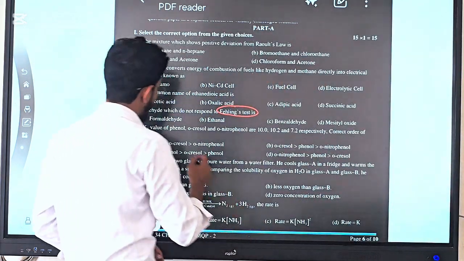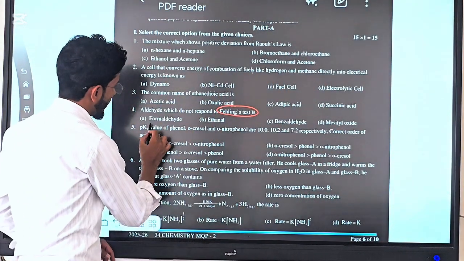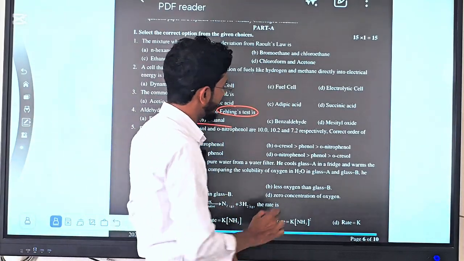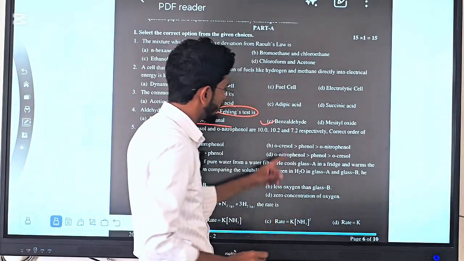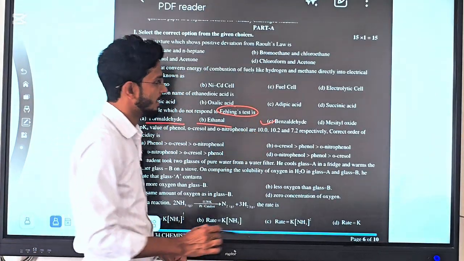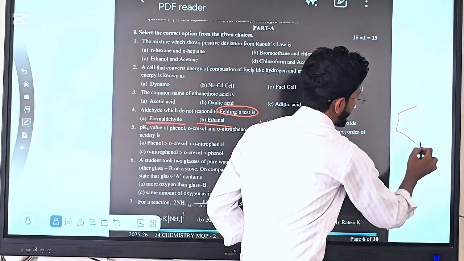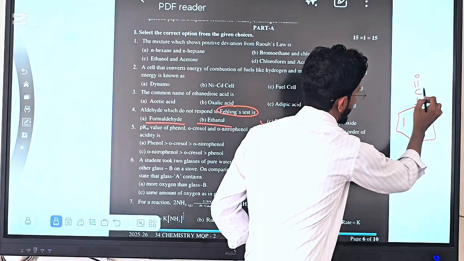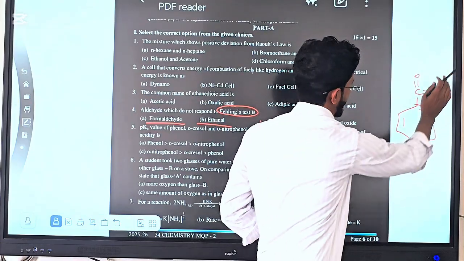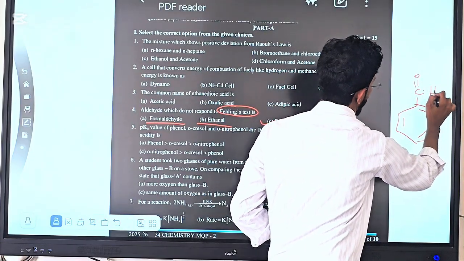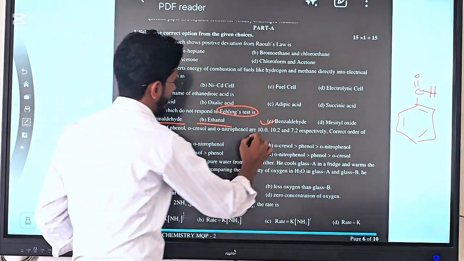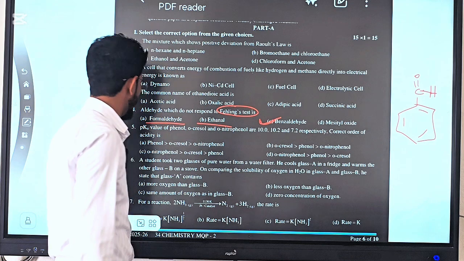Formaldehyde is aliphatic aldehyde, ethanal is also aliphatic aldehyde, and benzaldehyde is not aliphatic aldehyde. This is aromatic aldehyde. You know benzaldehyde, benzene group contain aldehyde. This is benzaldehyde. Now here aromatic aldehyde come, that indicate this compound will not show Fehling test. Answer will be C.